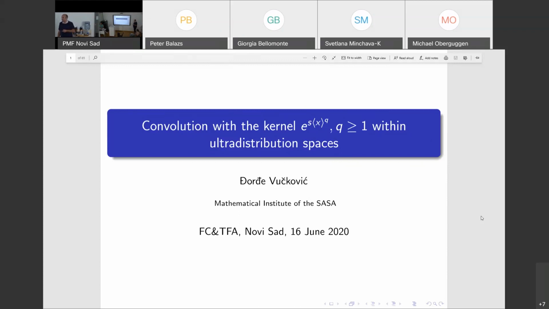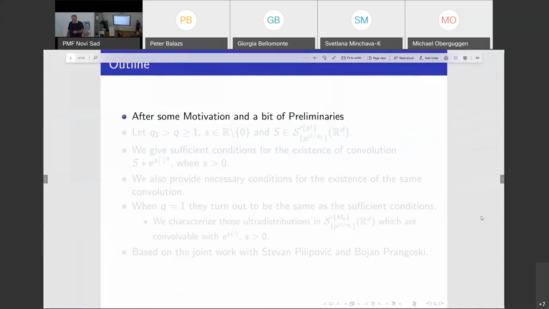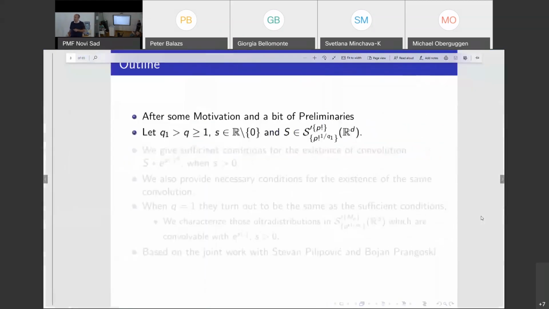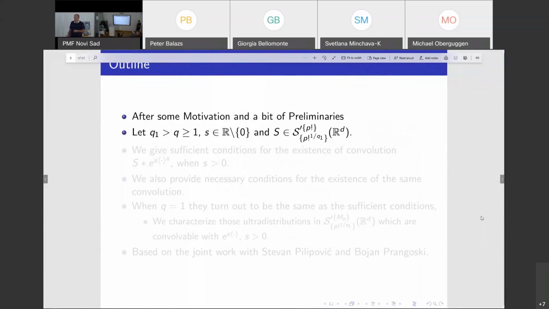Let me first give you a sketch outline of the talk: first motivation, why, then preliminaries, how, what are we talking about, and then straight to the point. We have some Q greater or equal to 1, and we have S, a certain type of Gelfand-Shilov ultradistribution, and we wanted to examine conditions for the existence of convolution of this type.